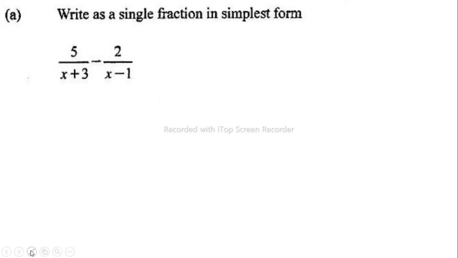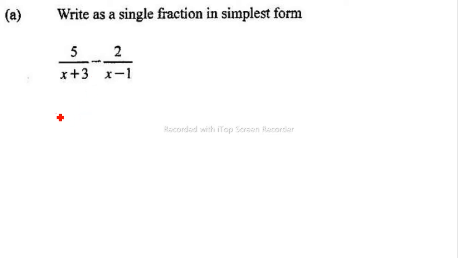Okay, so here we have 5 over x plus 3 minus 2 over x minus 1. The idea is to have the same denominator.